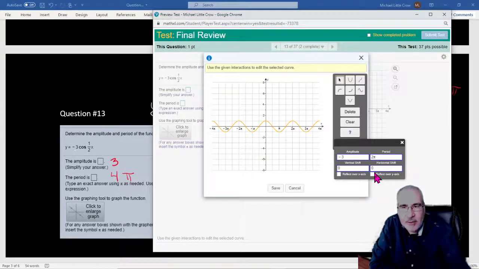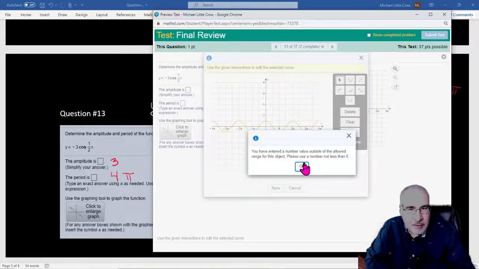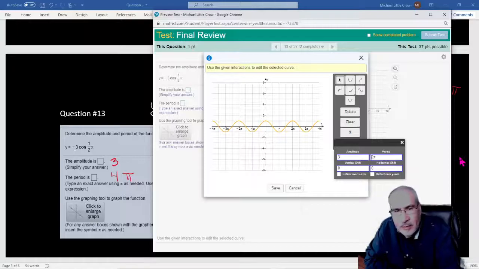Now again, we list the amplitude as 3 because it's absolute value. But for this one, let's see, you have entered a number value outside the, okay, it doesn't let us do that. So let's see, 3.